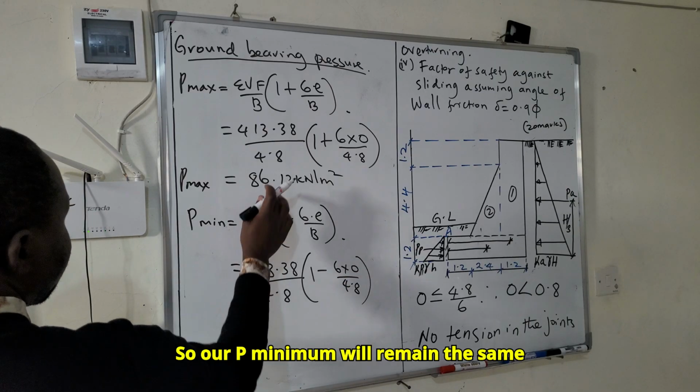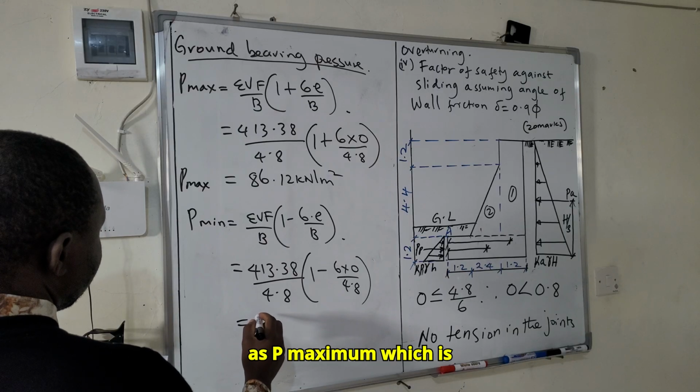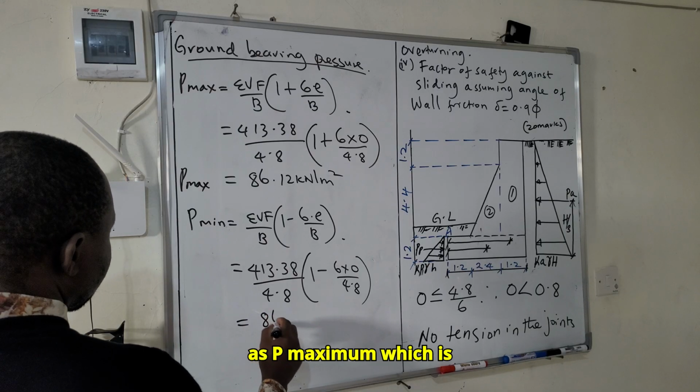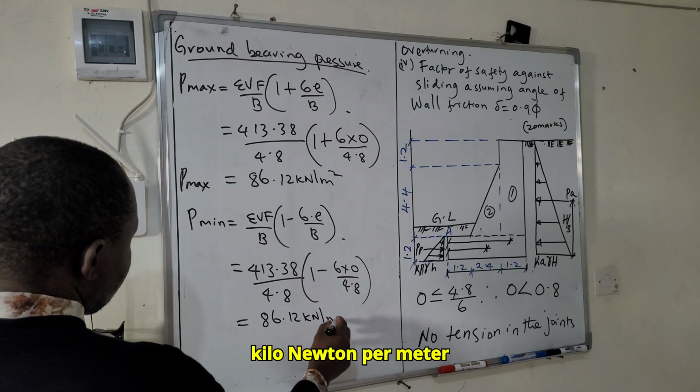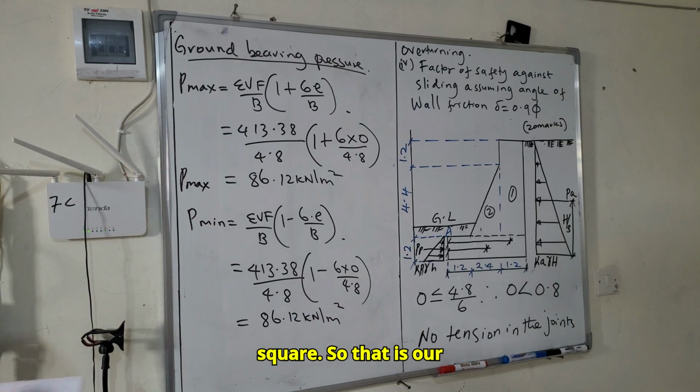So our P minimum remains the same as P maximum, which is 86.12 kilonewton per meter square. So that is our ground bearing pressure.